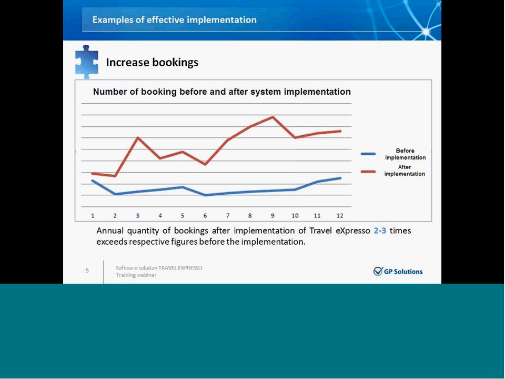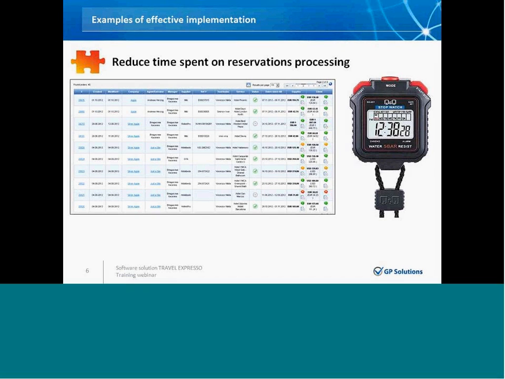As you see, the system allows to increase the quantity of bookings within a short period of time after the system is delivered, and this increase will be even more after maybe 9 or 10 months of system usage.